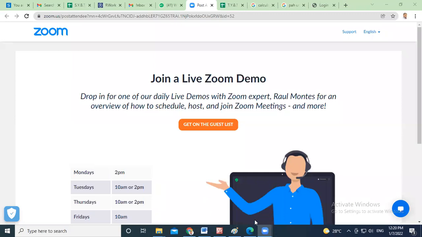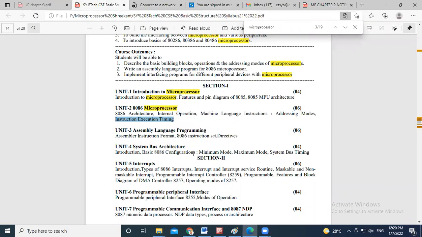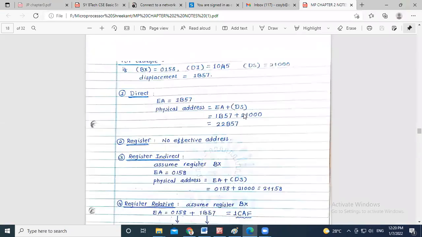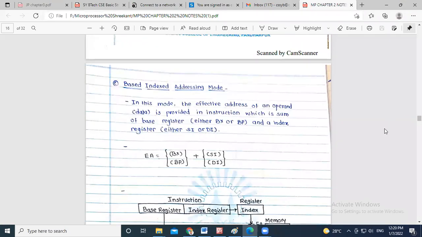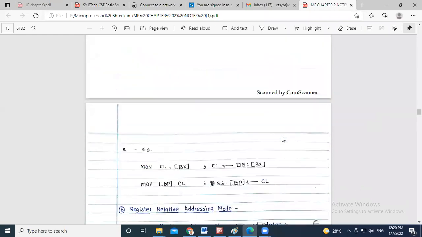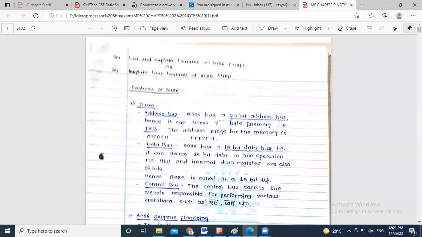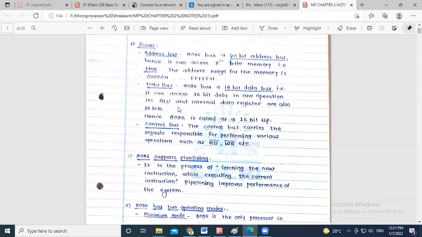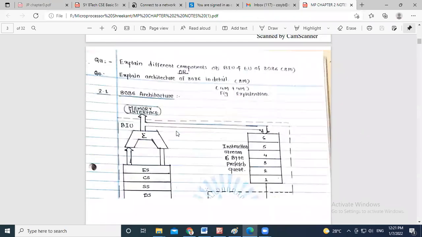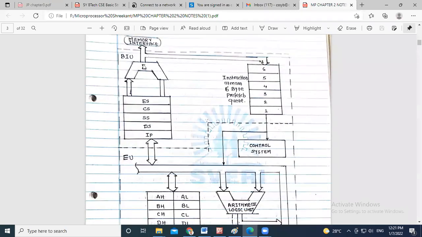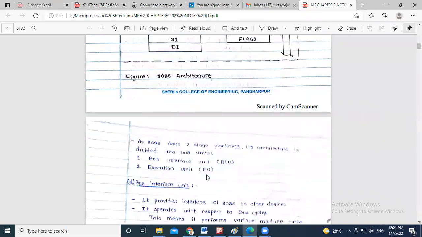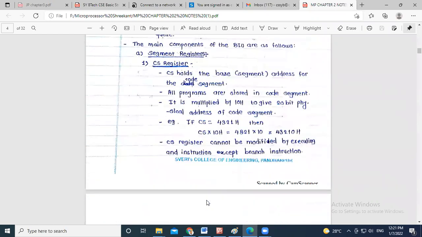These notes I already shared with you. So in that we studied these many topics previously. I'll just go through it for 1 minute. We studied the features of 8086, the architecture of 8086, the bus interface and execution units, and the explanation of bus architecture.